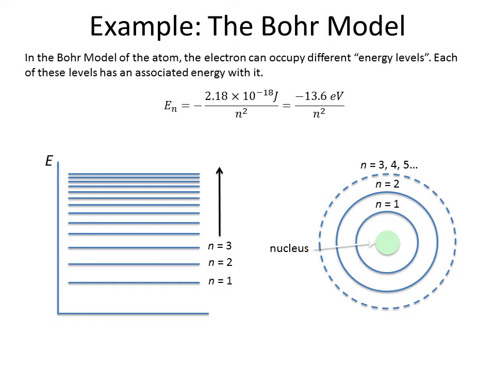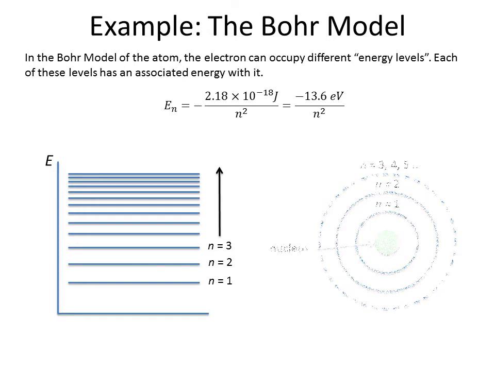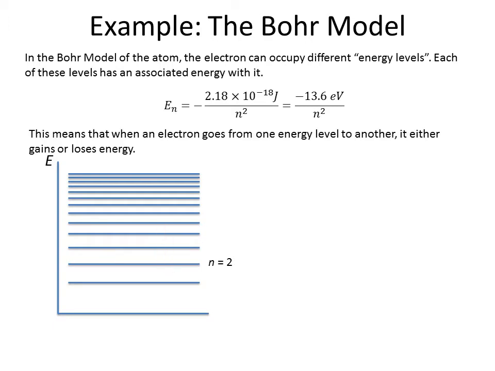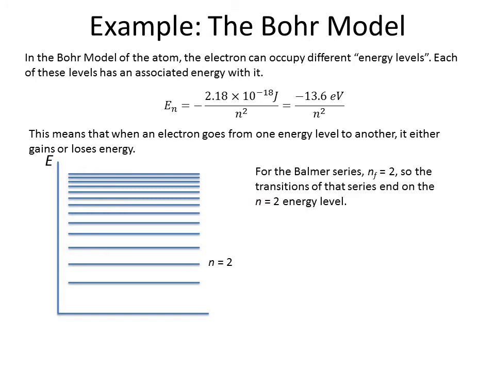So we can ask a question based off of this: what happens when an electron transfers between two energies? Let's say the electron starts in some energy and goes down. When the electron goes from one state to another, it's either going to gain or lose some energy.